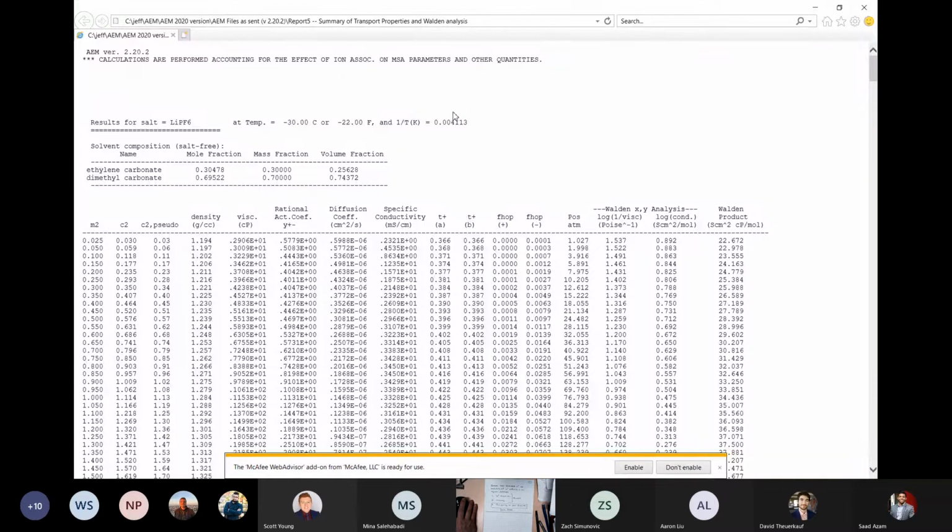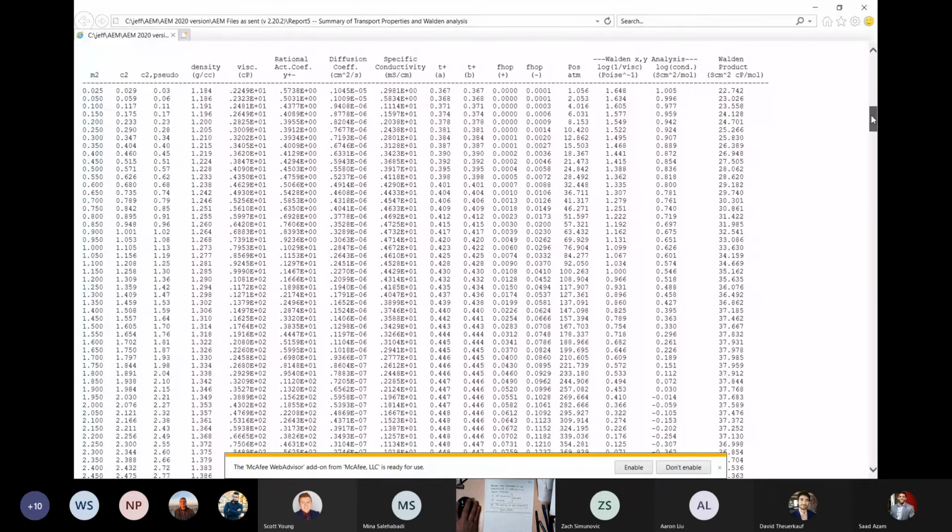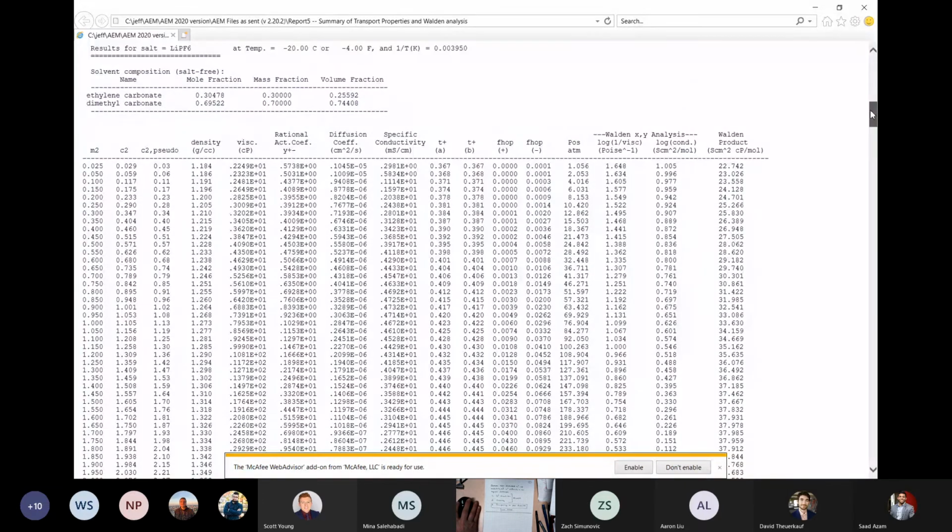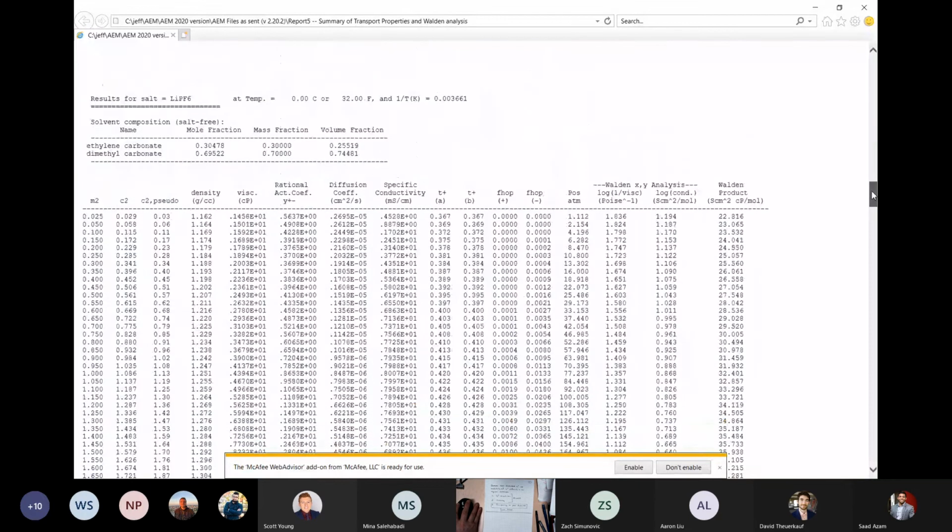The program outputs 17 reports, all of which talk about different things about the electrolyte. One of them tells you the percentages of ion pairs, ion triplets, which is useful if you believe in ion pairing or if you don't. You know, here there's some other things. It gives you the lithium ion transport number, T plus, and so forth. And then as you scroll down, you go from temperature to temperature. So now we're at minus 20 degrees.